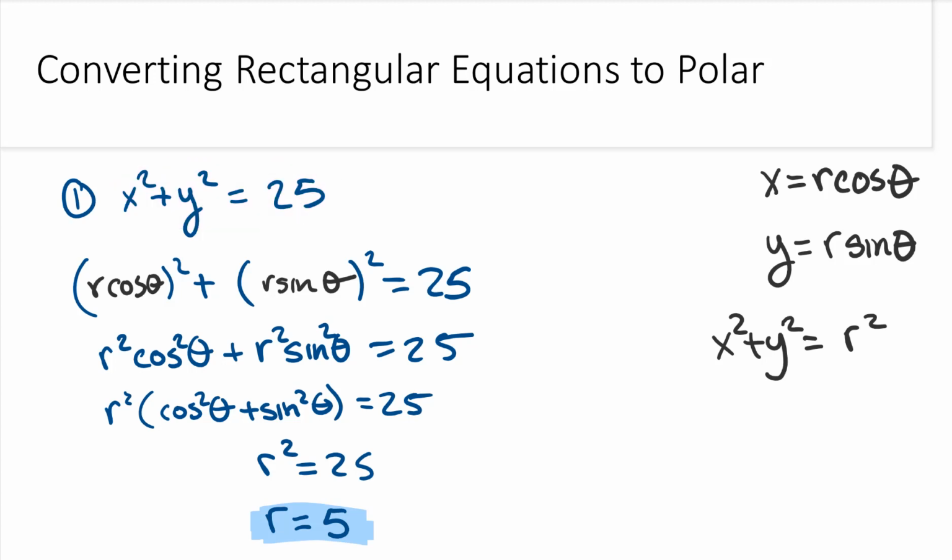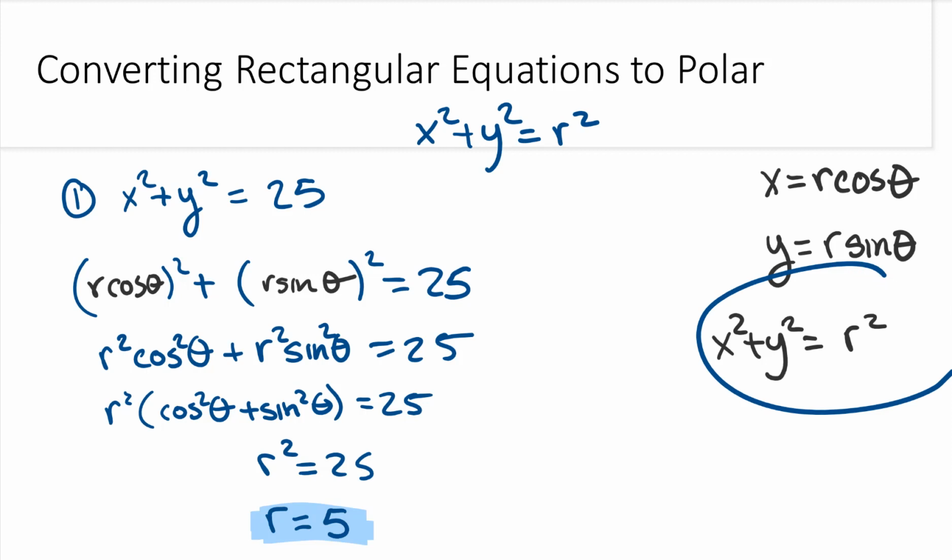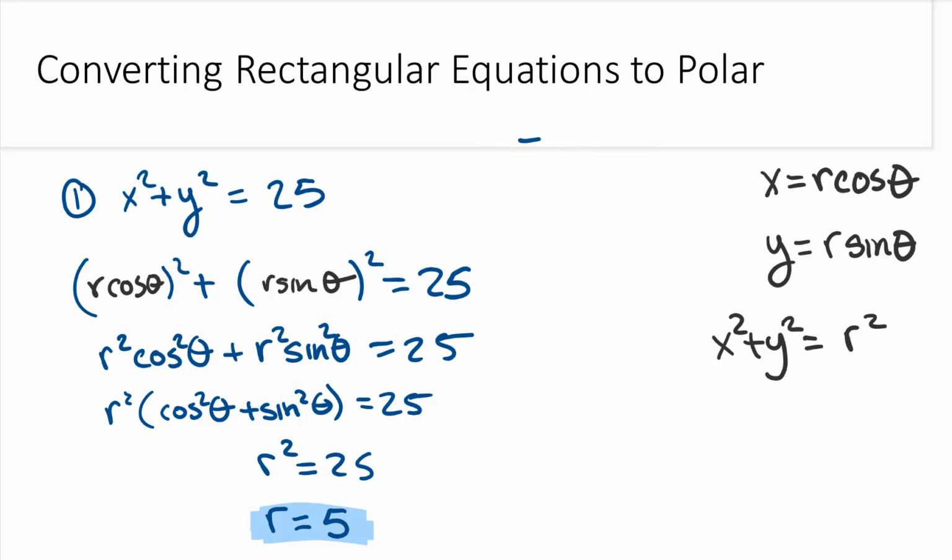The general form of a circle, well, this is centered at the origin, is x squared plus y squared equals r squared. Oh, you mean this formula here that we should have known from other classes in the past? Yeah, that one there. That converts the radius squared. So that's the general form of a circle centered at the origin, but we do have some that will not always be centered at the origin. We'll get into those later.